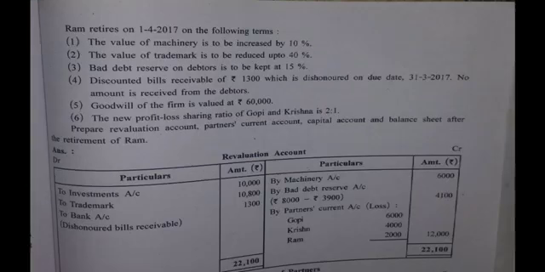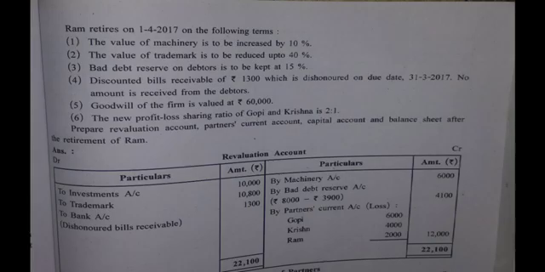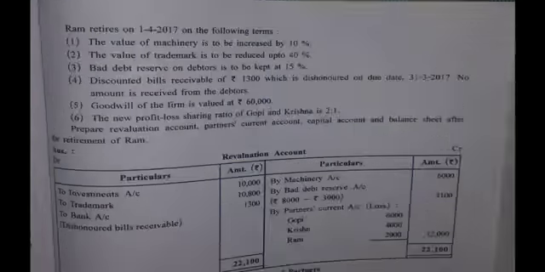Then we have the balances of current accounts for Gopi and Ram. We have also written this on the credit side of current accounts, and we have written on the debit side for Krishna. You can see to balance brought down, and on the credit side by balance brought down.